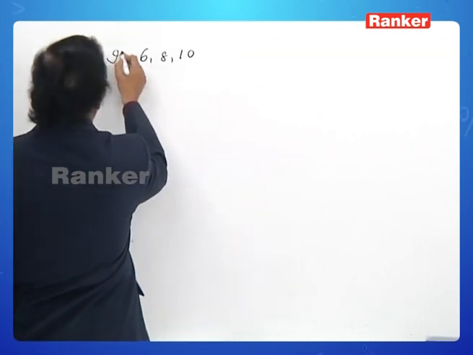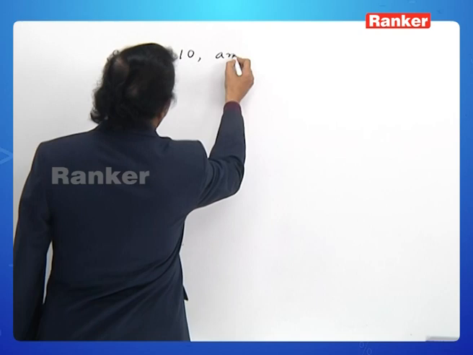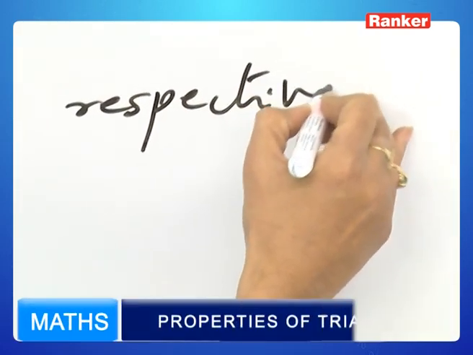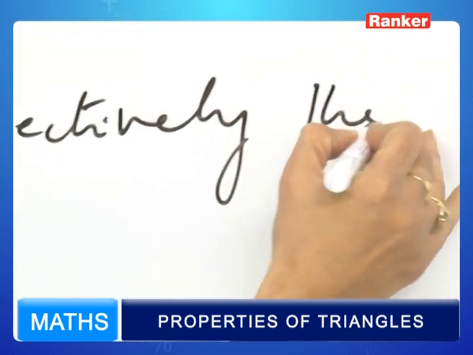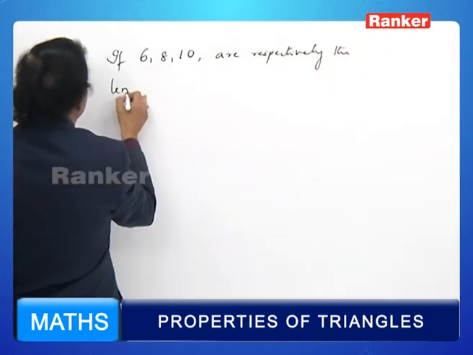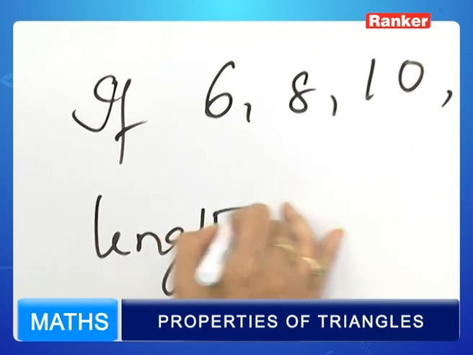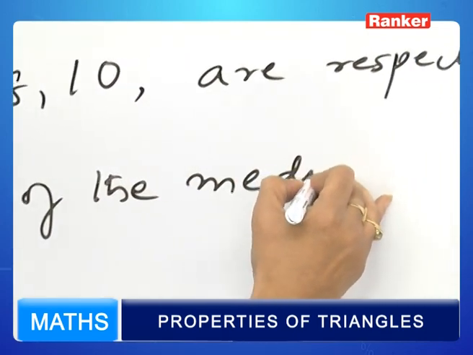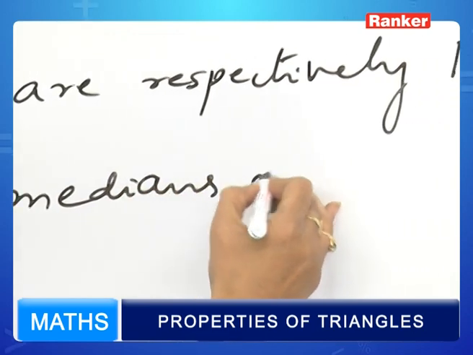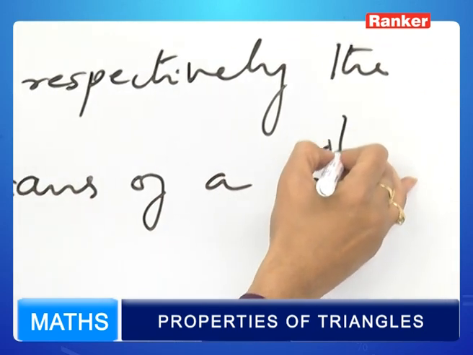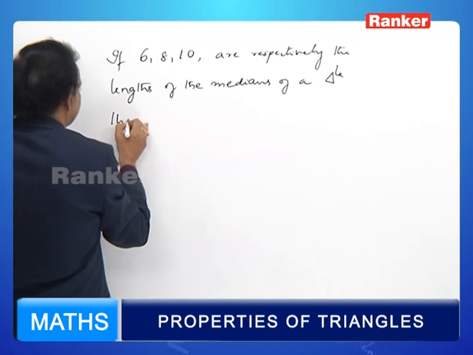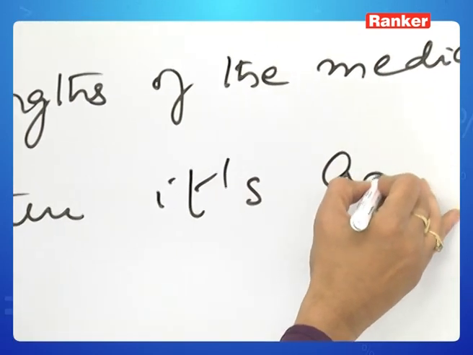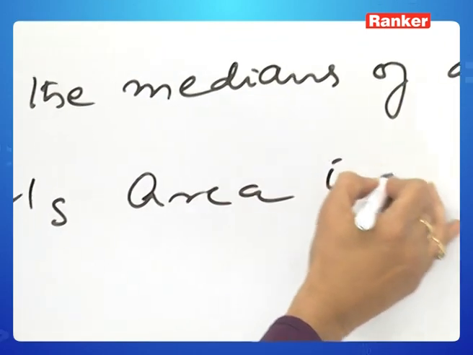If 6, 8, 10 are respectively the lengths of the medians of a triangle, then its area is, that is the question.